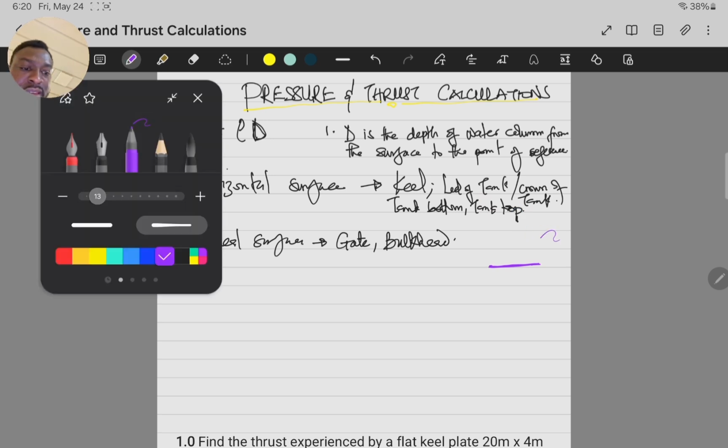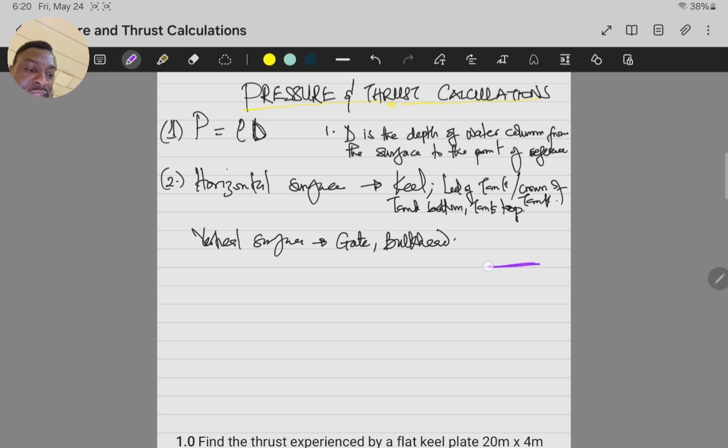So here, if this is the flat surface, a horizontal surface, then that means the depth is going to be from this surface to that reference point, to the keel, to the lid of the tank, to the crown of the tank, the bottom. We don't manipulate that. But if it's a vertical surface, then we now have to check the shape occupied by the water.